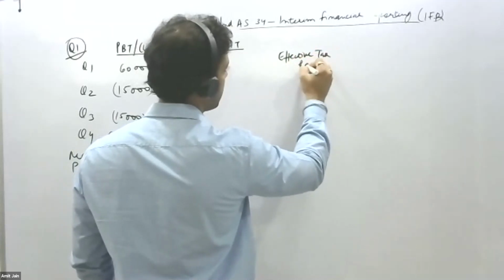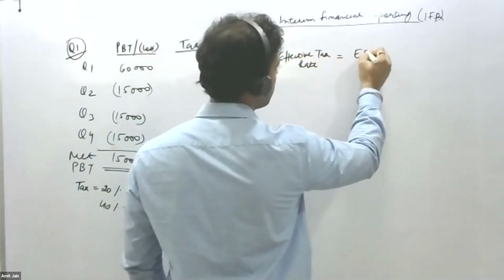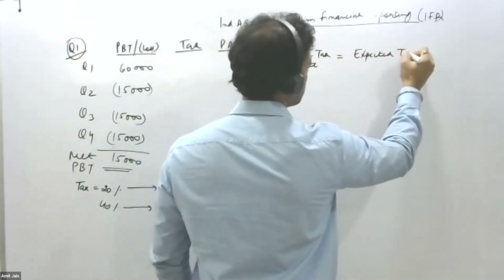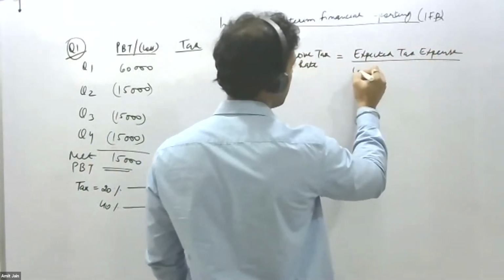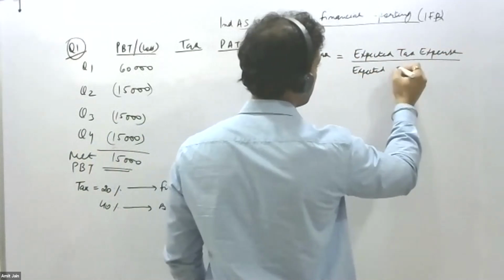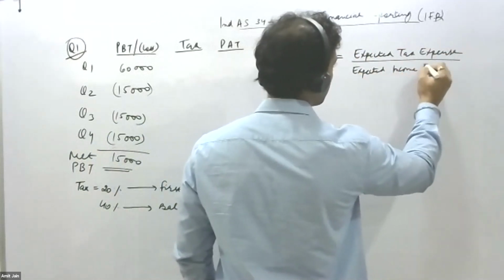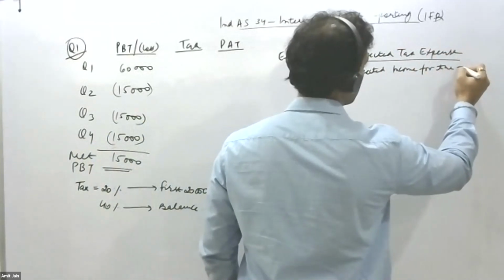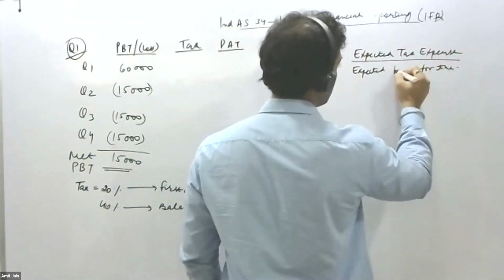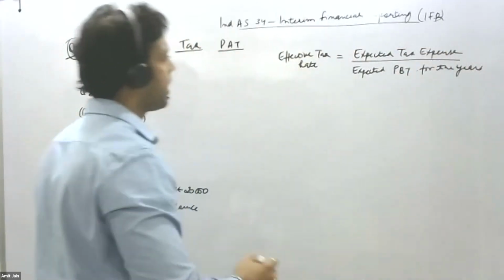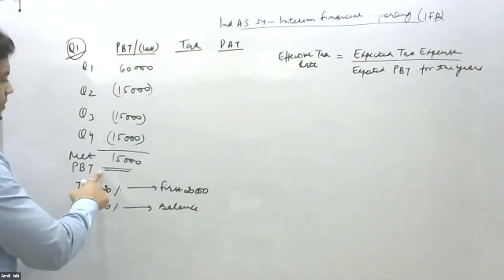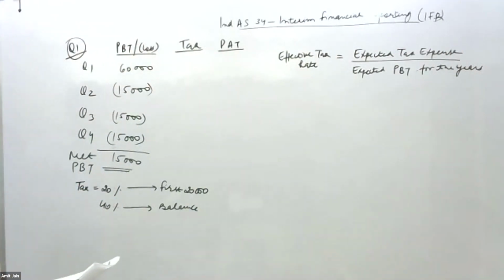Effective tax rate is equal to expected tax expense divided by expected income for the year, expected PBT for the year. What is the expected PBT, guys? It's 15,000.